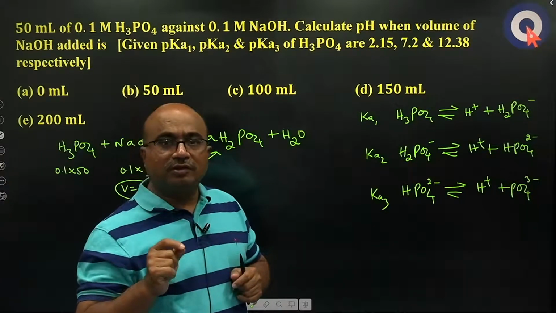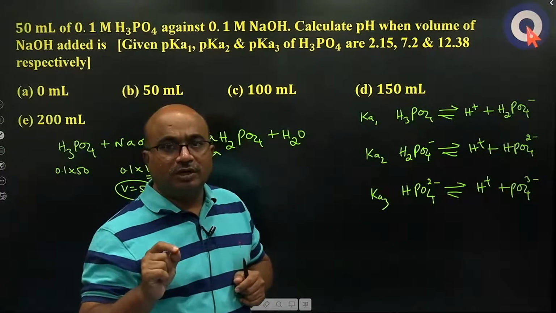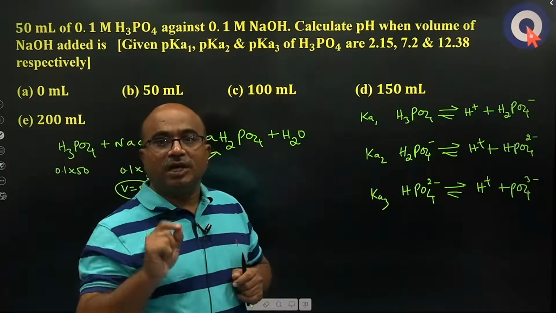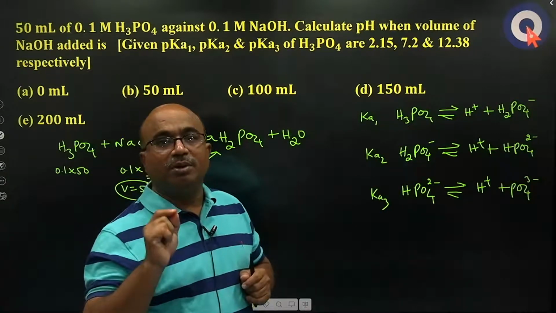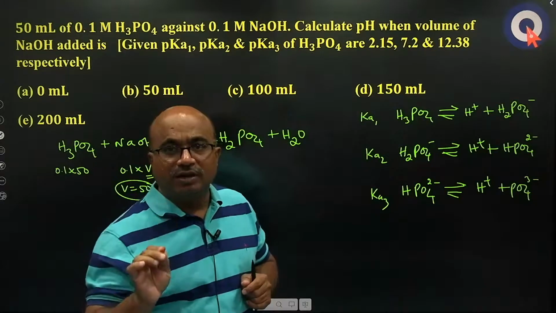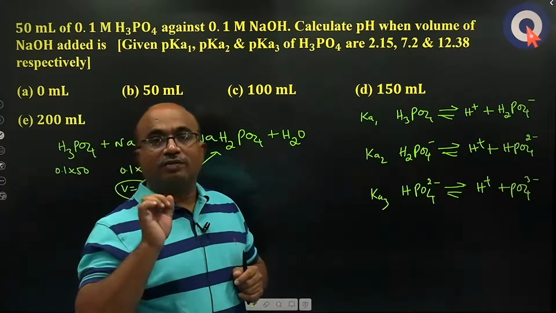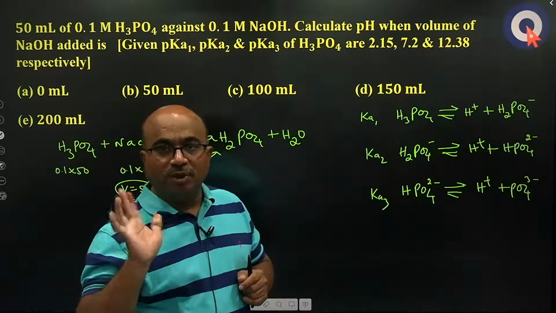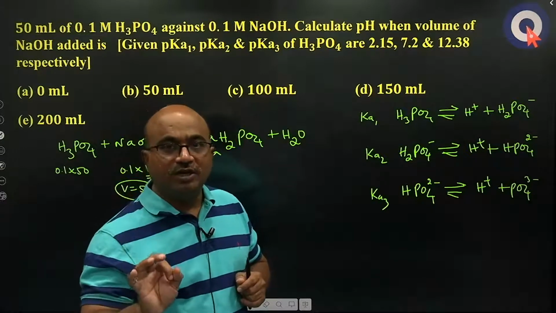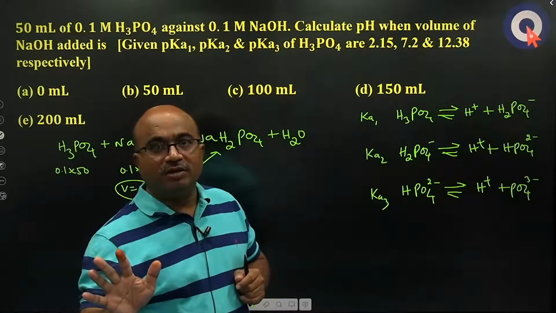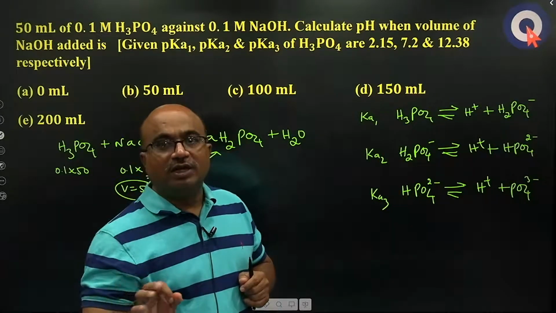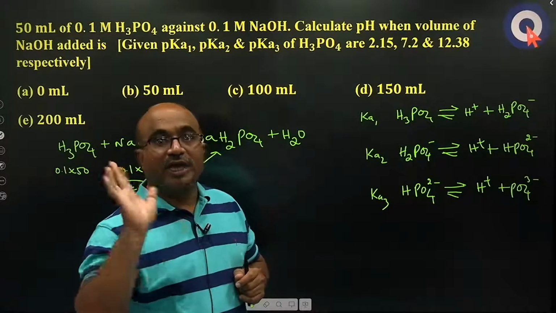Because whenever it is a weak electrolyte, the equilibrium constant for that component will be mentioned. It's the simplest hint for us in ionic equilibrium. So if an acid is weak, its Ka value will be given. If a base is weak, its Kb value will be given. If it is a salt, then its Ksp value is given.